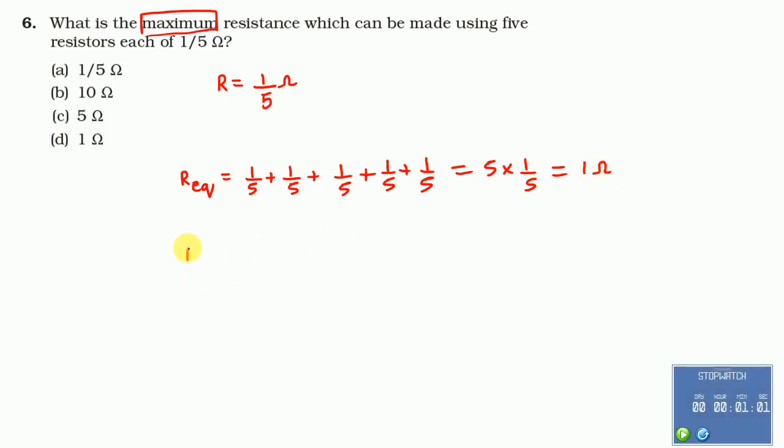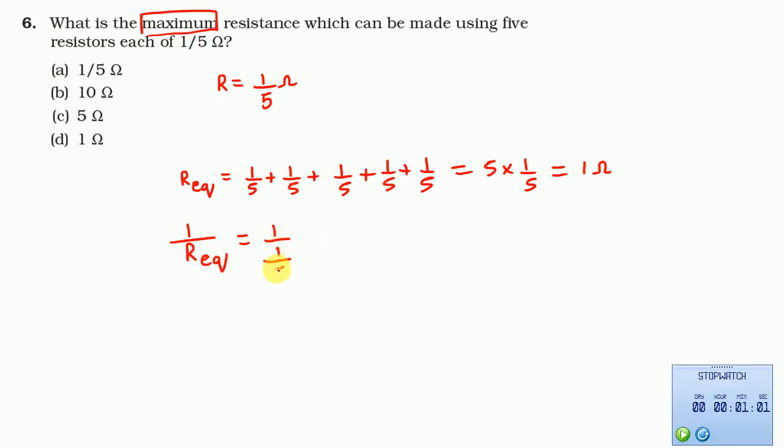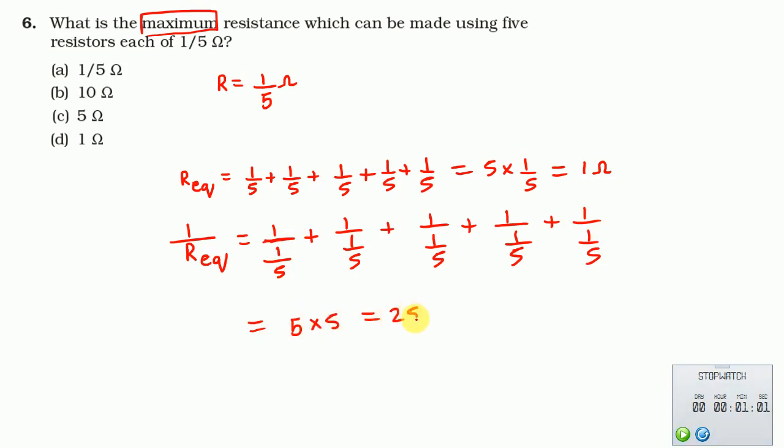But in the other case, the parallel formula is 1 by R equivalent equals 1 by 1 by 5 plus 1 by 1 by 5 plus, 5 times. So 5 will go upward, so we will have 25. But it is not 25 ohm actually.